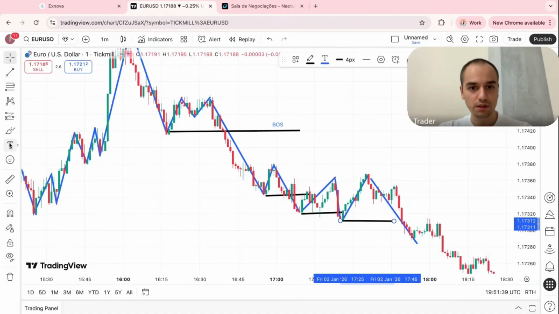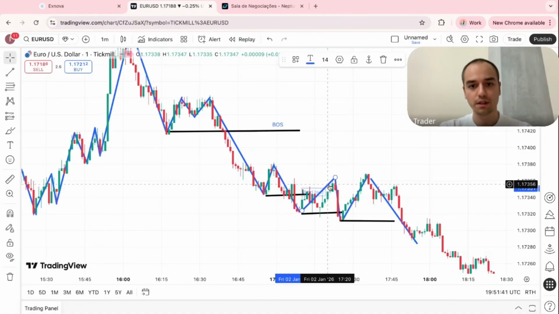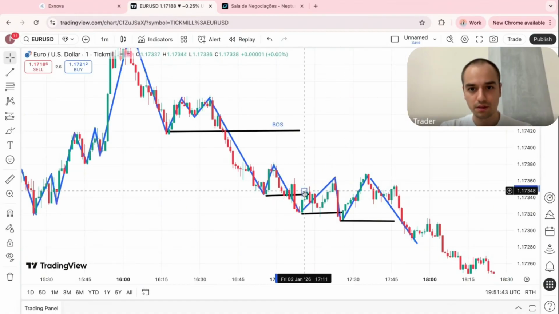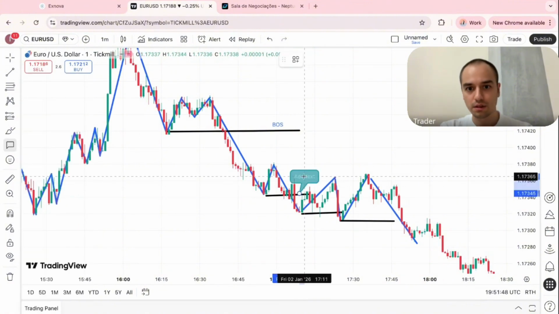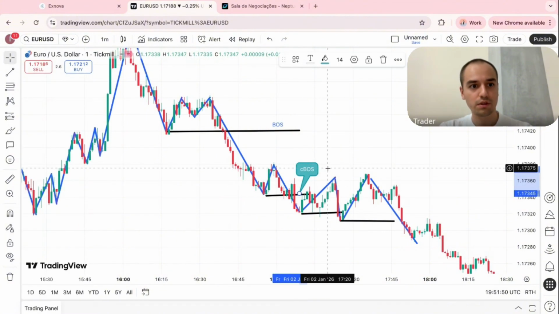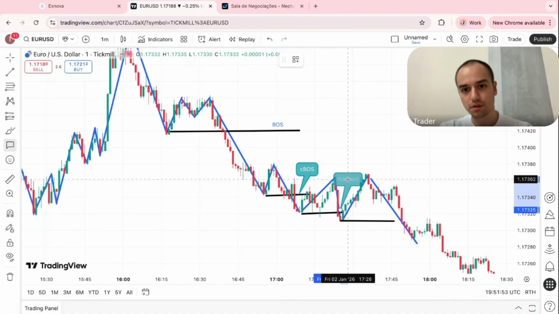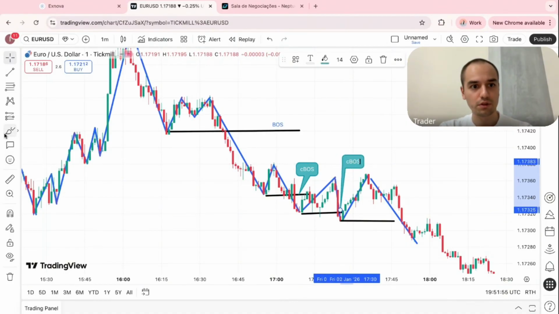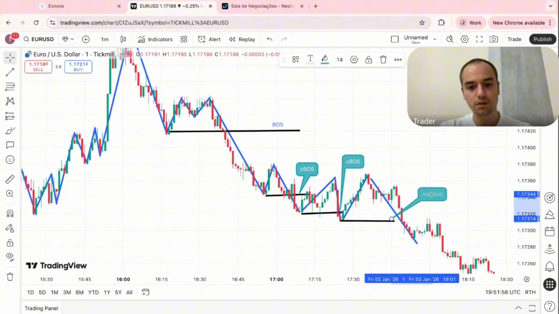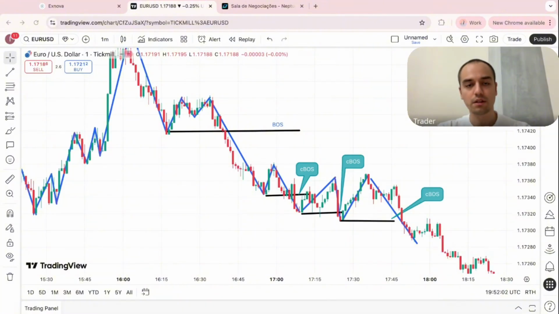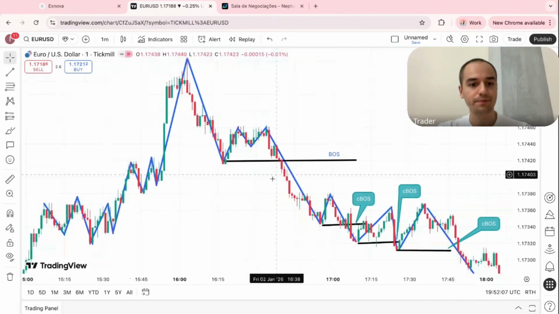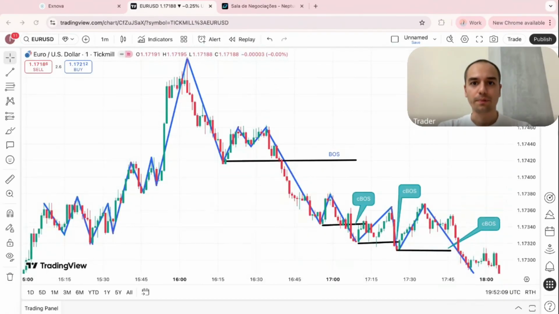So here, this is where I have my cBOS, cBOS, cBOS. That's the structure of the graph.